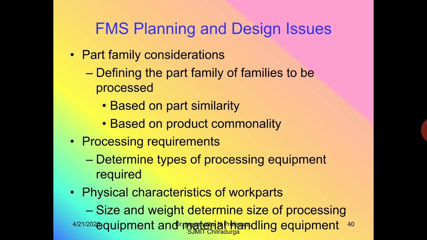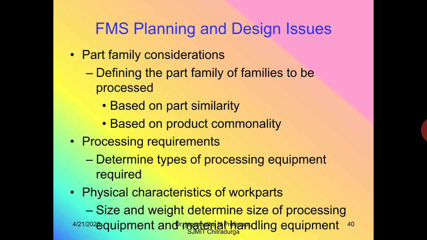So finally, coming back to the planning and design issues in FMS. The first one is part family consideration: defining the part family and then deciding what type of layout or cell is required.